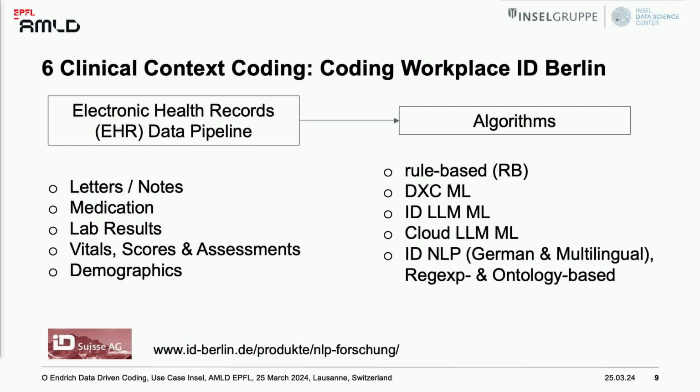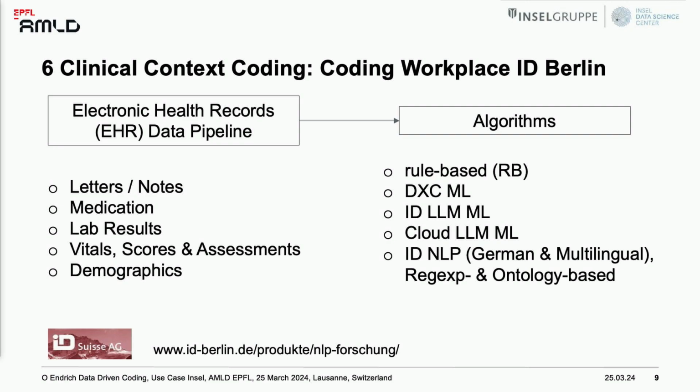Now the second step, clinical context coding. We also have a commercial solution from our vendor, a firm from Germany, ID Berlin. They help us to reflect the context of data.